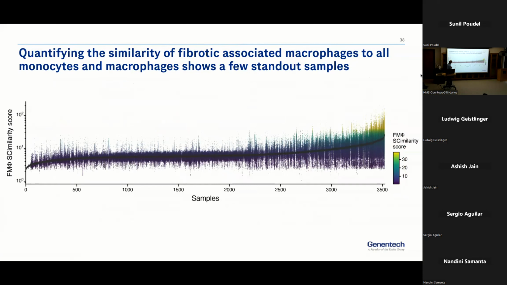And on the y-axis, I'm showing how similar these cells are, so how close together in the embedded space these cells are. You can see on the left, these samples have very little similarity to the fibrotic macrophages that we started with. And on the right, some of these samples have a more right-shifted distribution. So we see some of them definitely having these fibrotic macrophage-like cells.